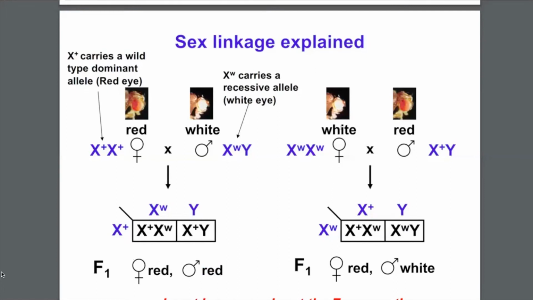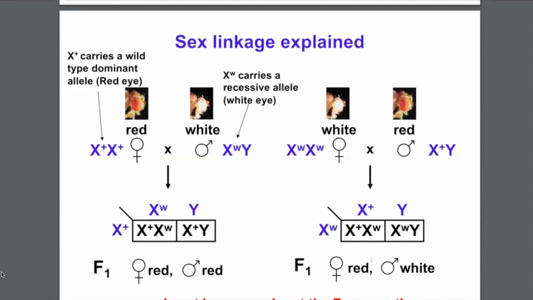Now if we cross the white-eyed female, XW, with the red-eyed male, X plus Y, over here we still only need one line because XW is going to appear in both of them. Over here, we see an X plus XW, indicating another heterozygote for the females, while over here, we see an XWY, which indicates a mutant for the males.